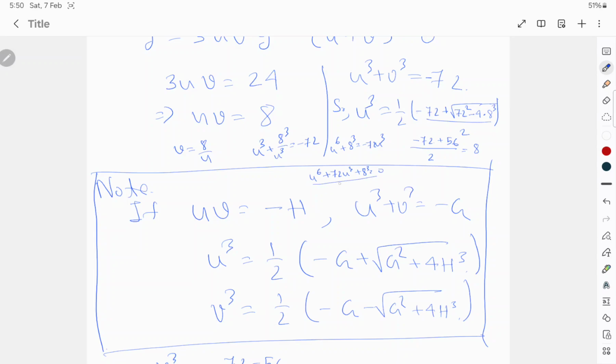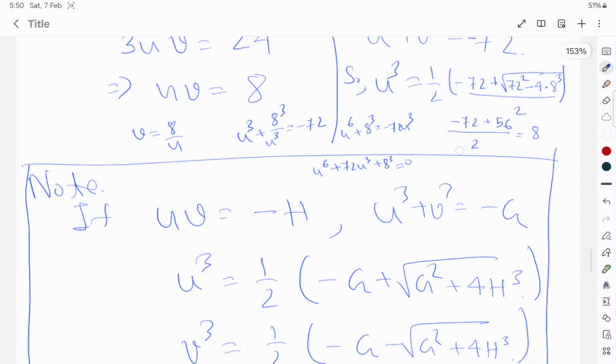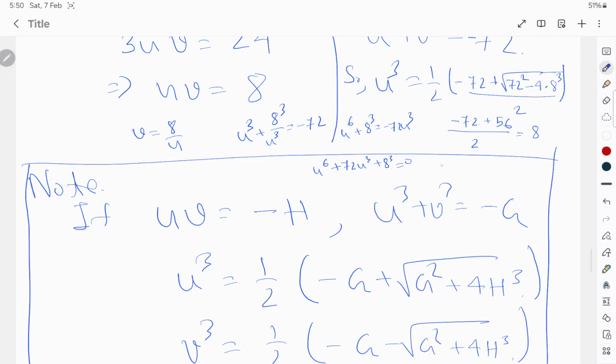Now if you consider u^3 is equal to z, then you can apply the Sridharacharya rule, right? So this is basically Sridharacharya rule. If you do it in this way you can do, but I have seen in that book also they are directly using this formula. If you are able to remember this formula, then it is good. So if you consider u^3 equal to this thing, u^3 is equal to minus b, right? Minus b is minus 72 plus root over b square minus 4ac.